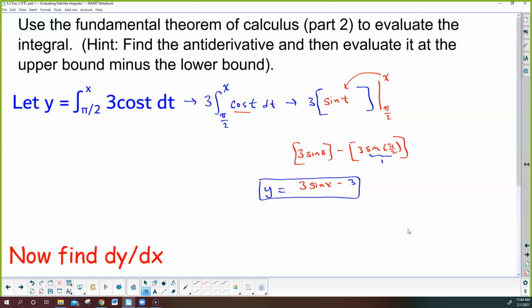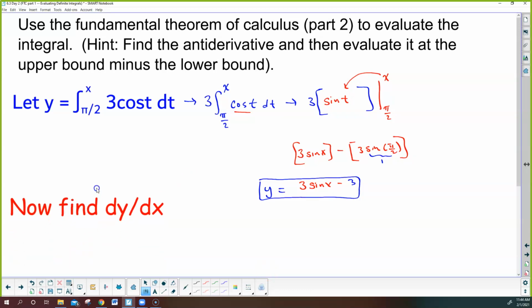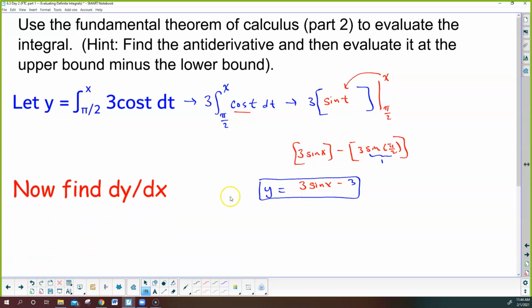But the new part today says, let's take the derivative of this. Okay, what happens when I take the derivative of an integral? Right? So I could do all this work, and I know what the function is. This is the original function from x to pi over 2. Now remember how we didn't put plus c here, and the reason why? Here's the c. That's a constant.